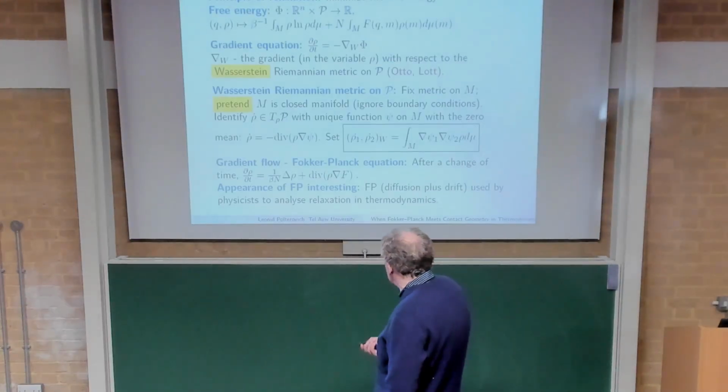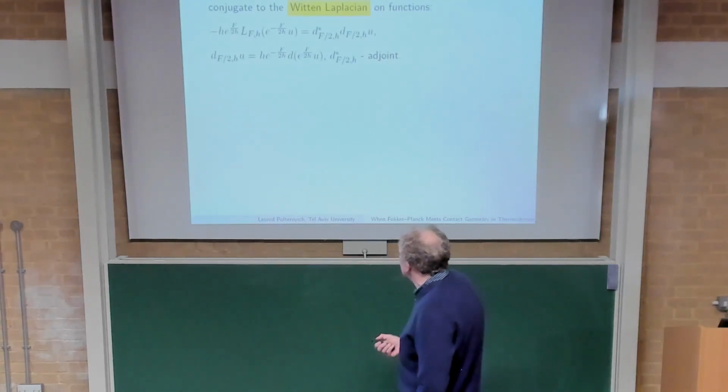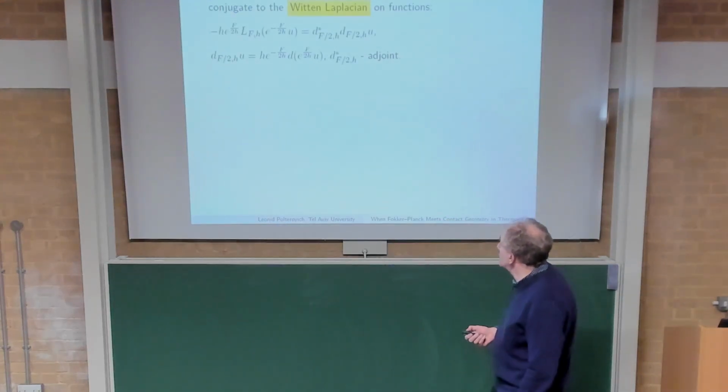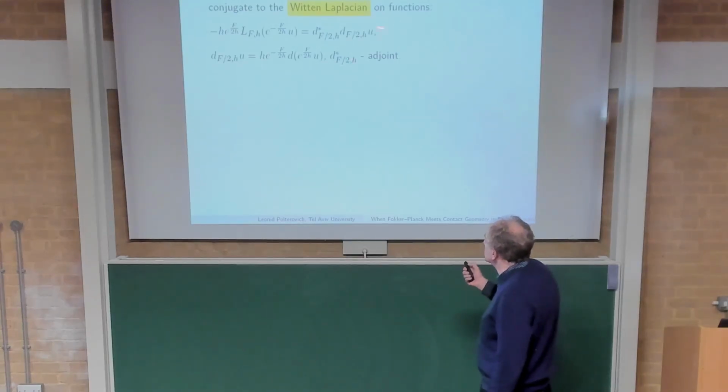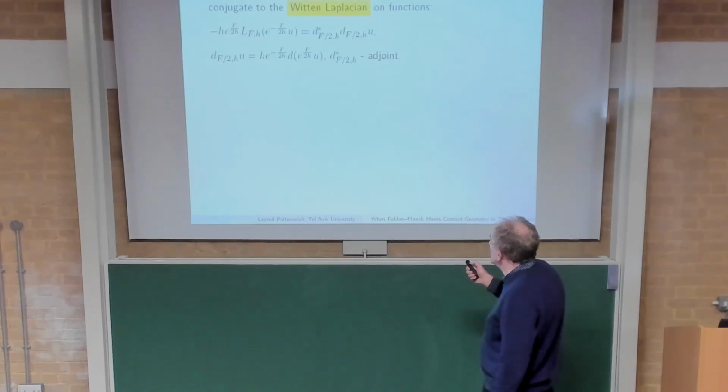Okay. So now, interestingly enough, this Fokker-Planck equation is conjugate to a certain fancy operator, which is called the Witten-Laplacian on functions. The Fokker-Planck operator is this, I will denote it h Laplacian plus divergence rho gradient f, where h is beta n to the power minus 1. And the Witten-Laplacian is the following thing: it's the operator D star with some indices times D with some indices on functions.